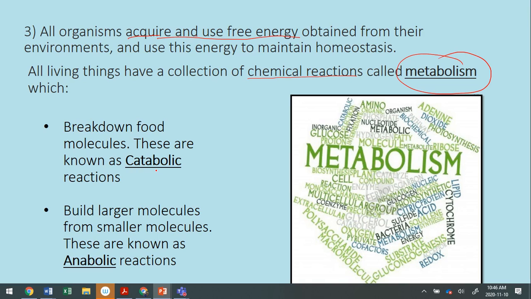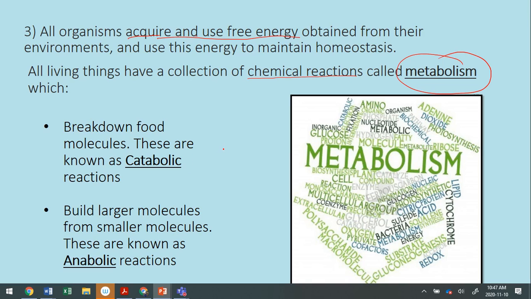Now, you're going to notice that biology is language heavy. Every day I'm going to be giving you new words, new words, new words every single day. Okay, and that's kind of where a vocabulary list comes in handy, and highlighting your note package comes in handy. But there's also little tricks. Okay, now catabolic and anabolic sound very similar. So I'll give you an example of a silly little trick that I use.